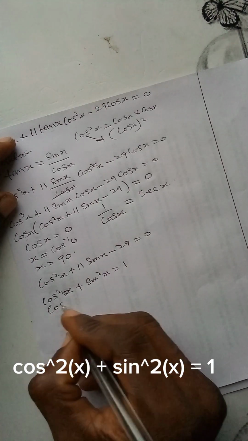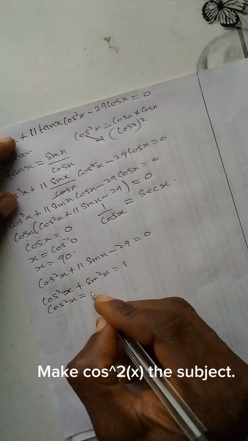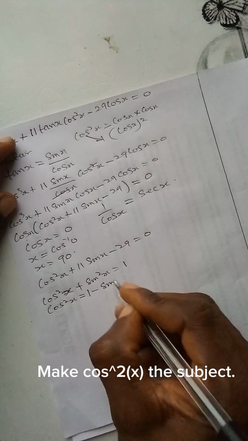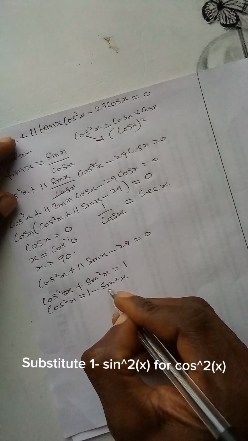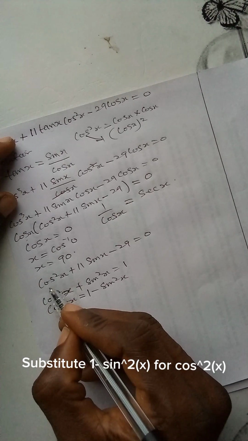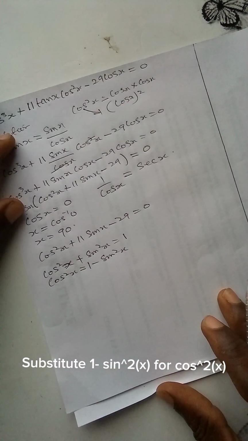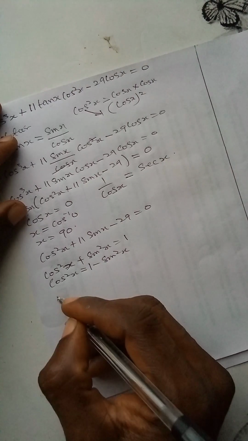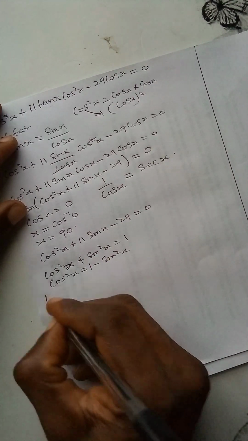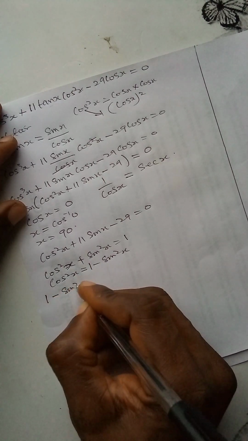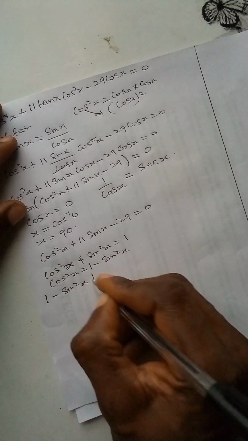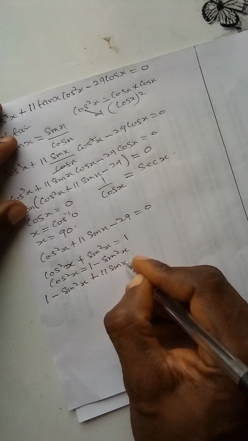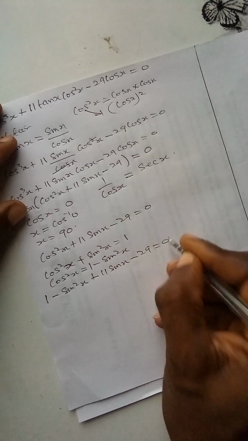So let's make cos squared x the subject. It becomes 1 minus sine squared x. So let's plug in 1 minus sine squared x, where we'll have cos squared x in the equation. So that becomes 1 minus sine squared x plus 11 sine x minus 29 is equal to 0.